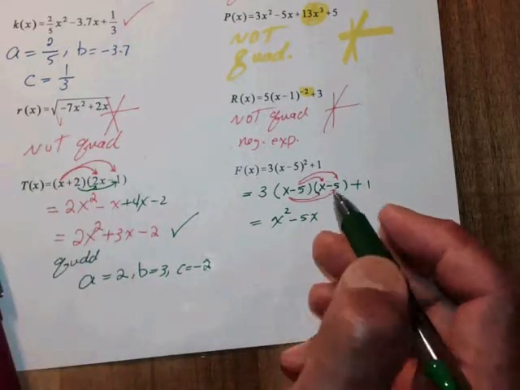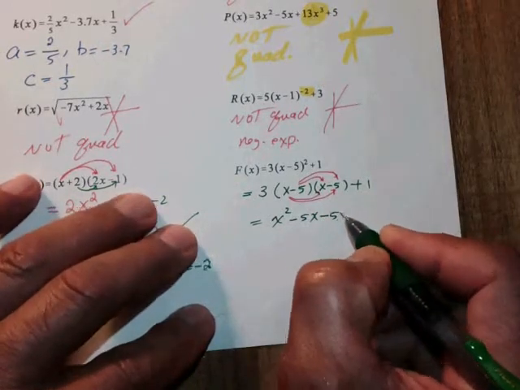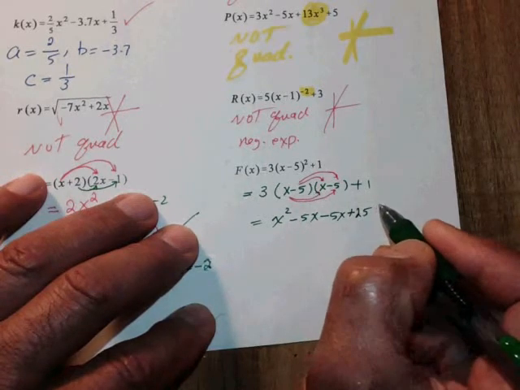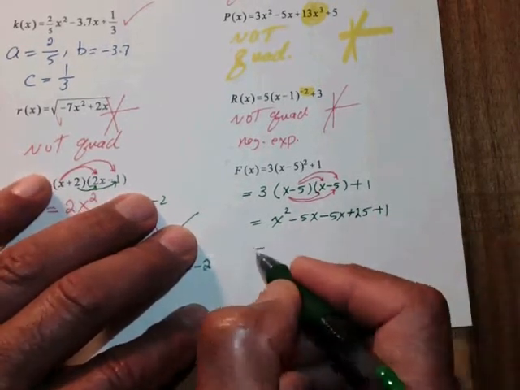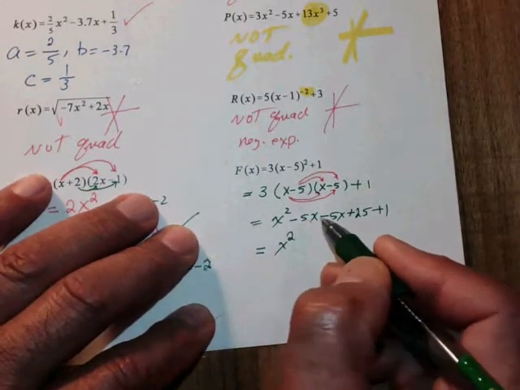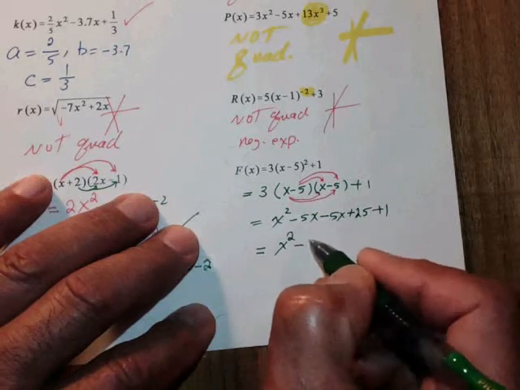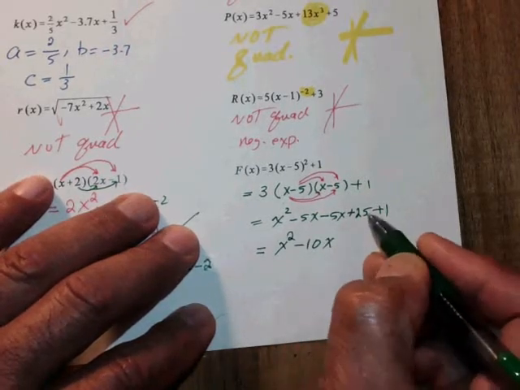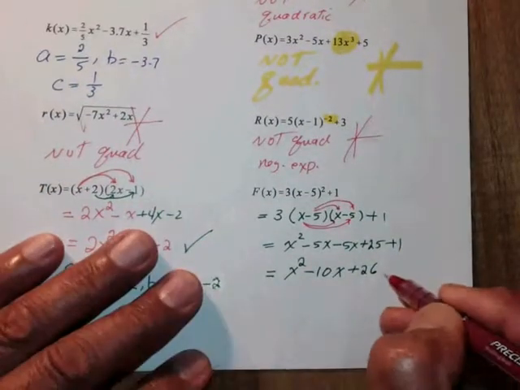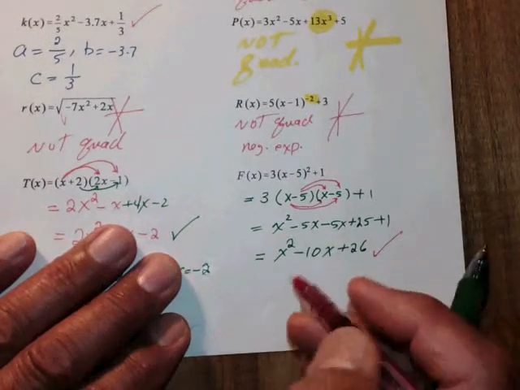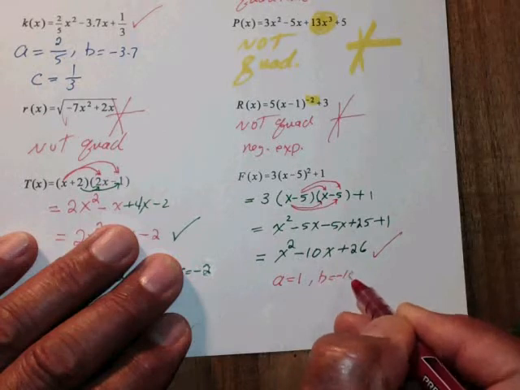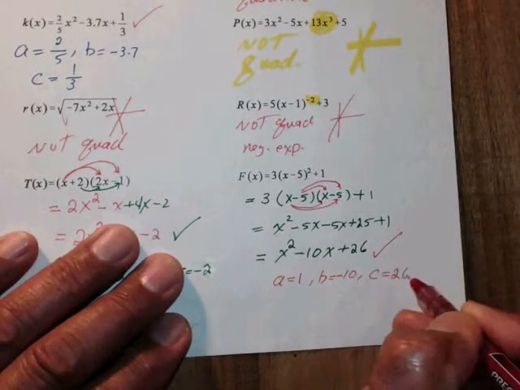Negative 5 times x, you get another negative 5x. And negative 5 times negative 5, you get 25. And then plus 1. And if you simplify this, you get x squared, 5x here, another negative 5x, you get negative 10x. Then 25 plus 1, you get 26. So that makes this a quadratic. Check mark. So your a is 1, b is negative 10, and c is 26. Okay?